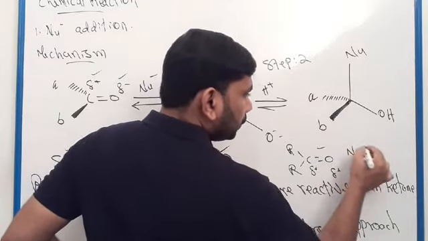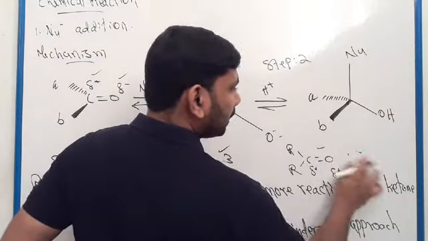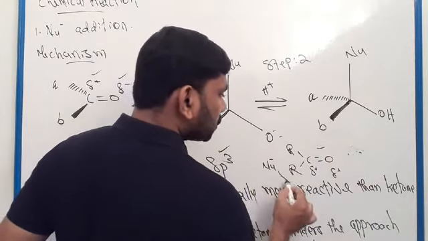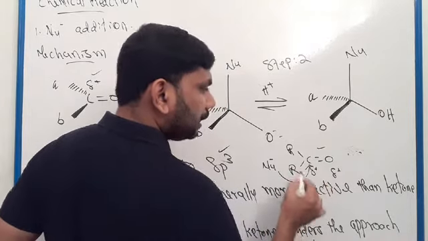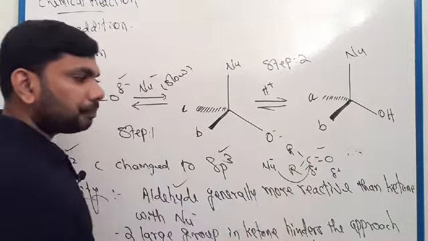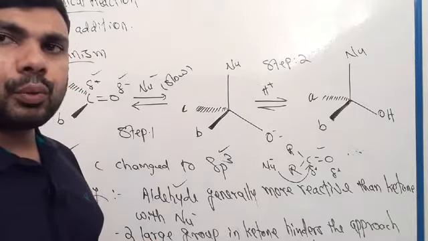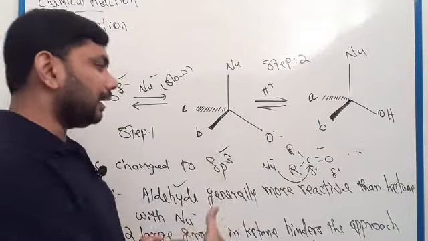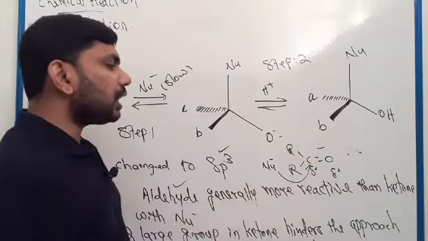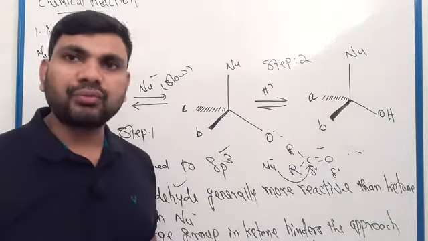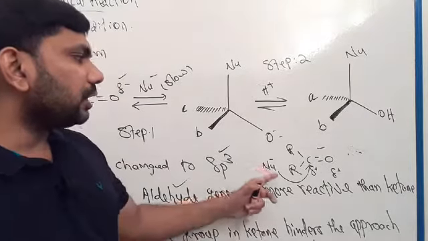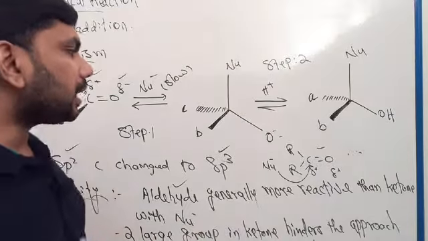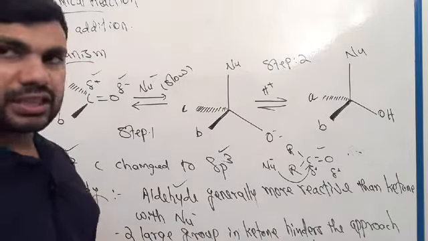The nucleophile cannot approach the carbon easily. These bulky groups create a steric effect, a barrier between the positively charged carbon atom and the nucleophile. That's why ketones are less reactive and aldehydes are more reactive.